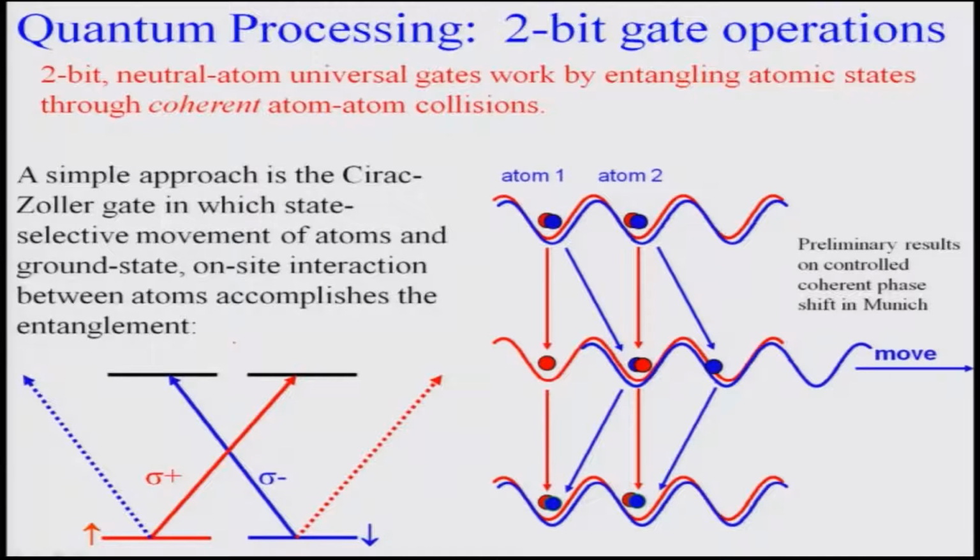So, the preliminary results on the controlled coherent phase shift in these kinds of experiments enabled the motion of the atoms. In this sense, they are sort of similar to what was shown in terms of the ion trap studies that I had discussed in detail earlier. However, here it is important to realize these are atoms, so they are not charged species. So, it is not the magnetic field which is used in these cases.